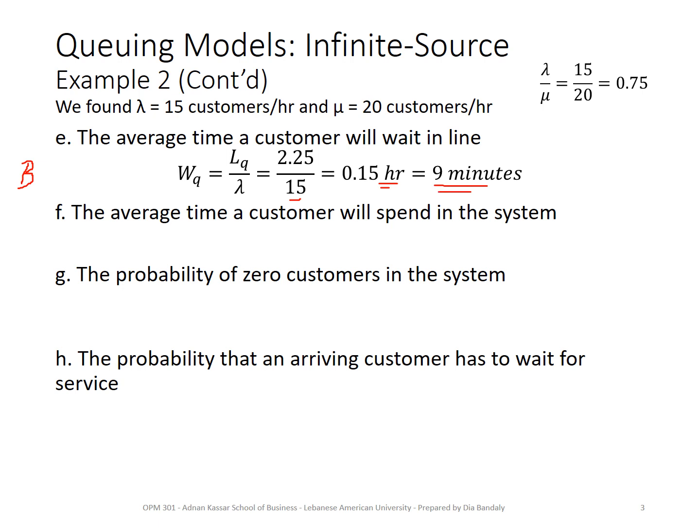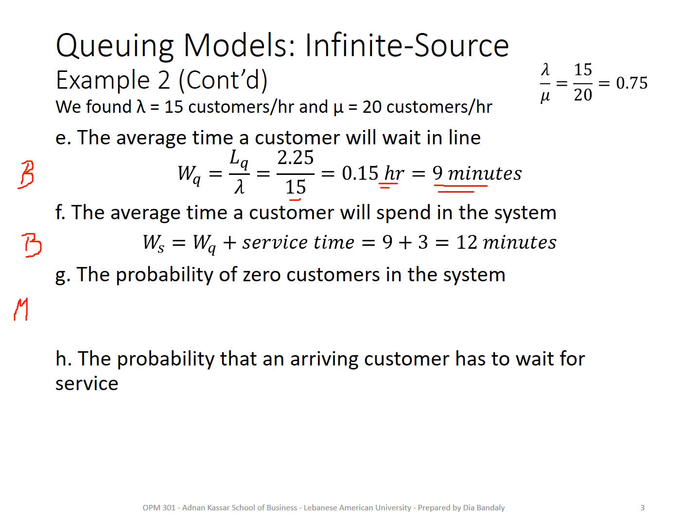We have already found that, and we are given the service time, so it's easy to use the first formula, which is WS is WQ plus service time. Again, this comes from the basic relationship. It's not specific to any model. So that's 12 minutes.